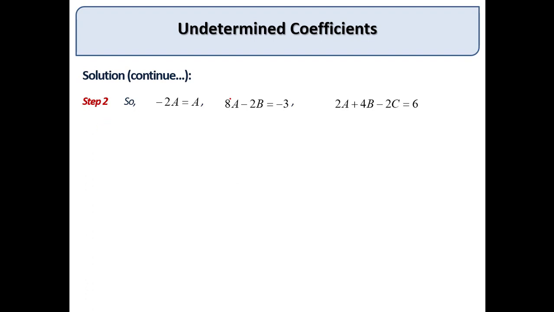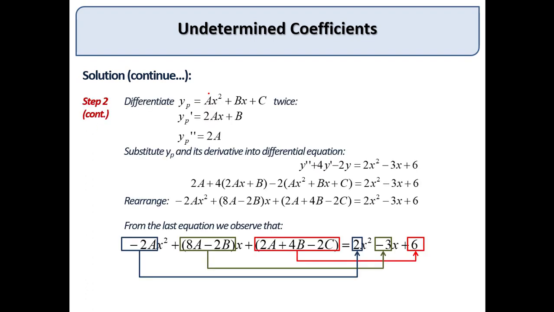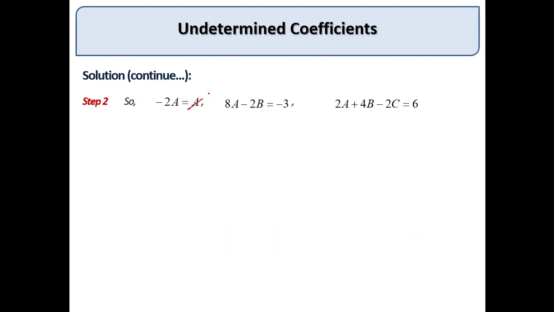For this case, if I'm not mistaken, that one is supposed to be 2. Negative 2a is equal to 2, so a is equal to negative 1. Then 8a minus 2b equal to negative 3 gives b equal to negative 5 over 2, and then c equal to negative 9.